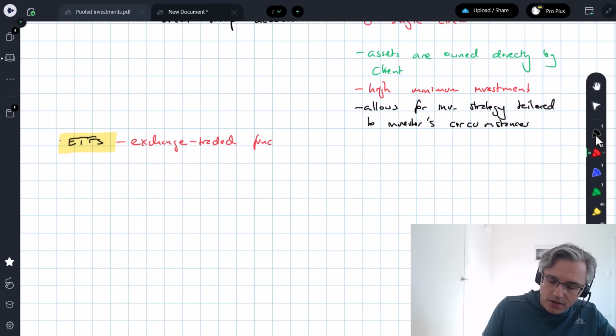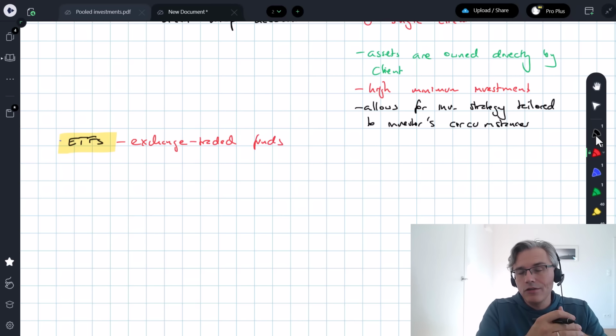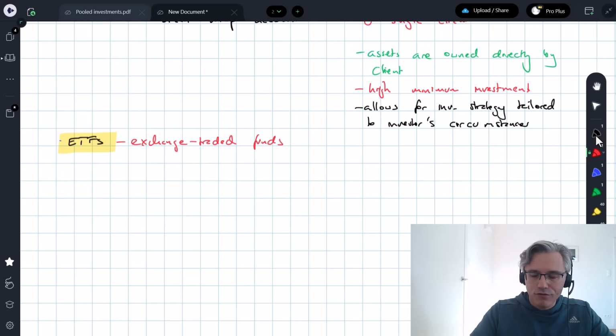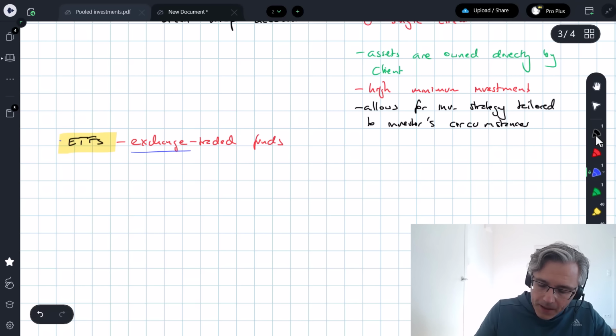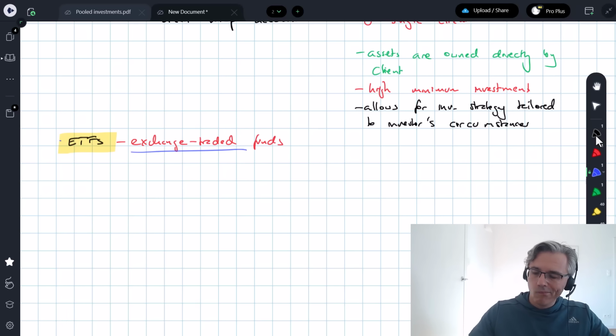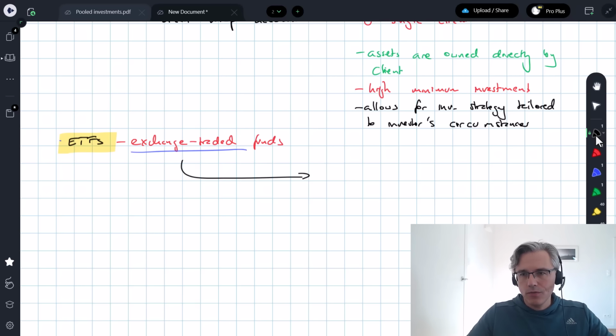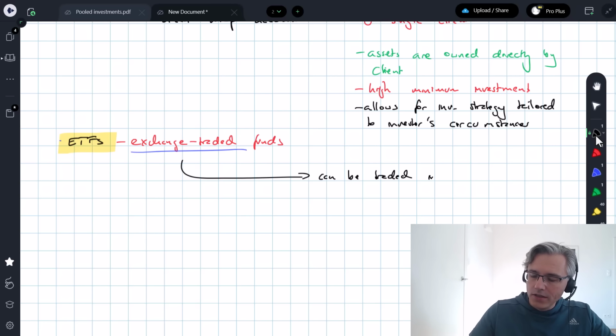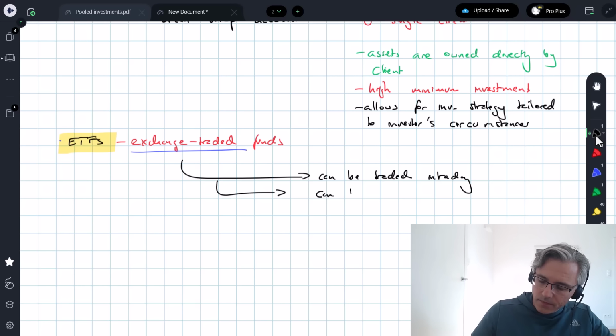So as the name suggests, their shares trade on exchanges, and that makes them very unique, because if something trades on an exchange, it can be traded on an intraday basis, meaning you buy one moment and you sell a few minutes later, a few hours later on the same day, and they can also be used for shorting, just like any other security trading on the market.